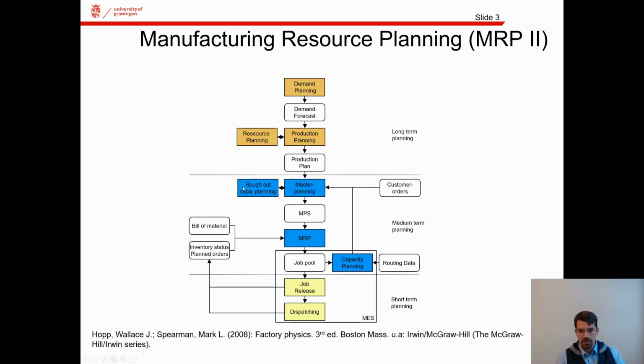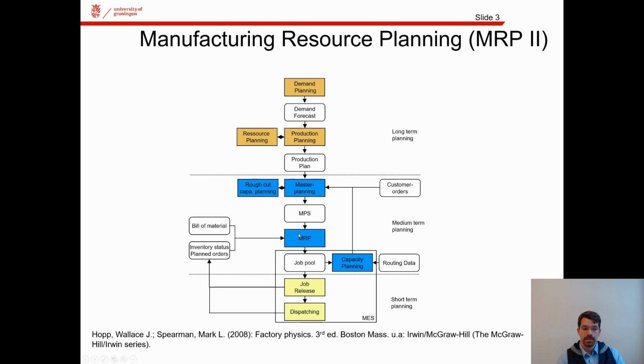Here a rough cut planning takes place, which is already disaggregated, so that you can make an accurate capacity planning. This is especially needed for employees, hiring and firing employees, and also for specialized equipment, because it's not that easy to scale up production speed and or the production outcome of your equipment and facilities.